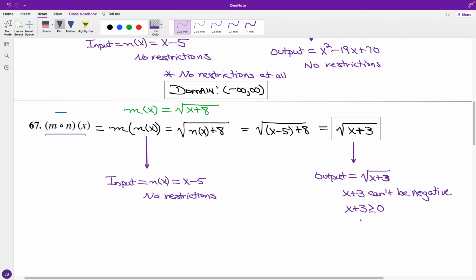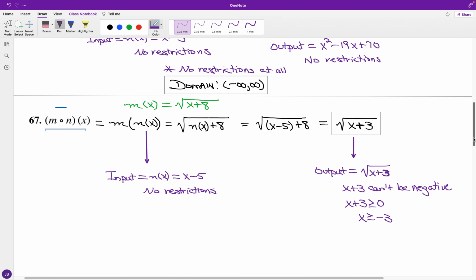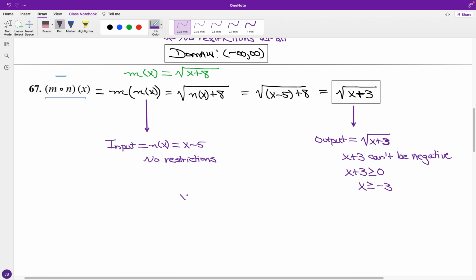So we have x plus 3 is greater than or equal to 0. And so we have that x is going to be greater than or equal to negative 3. And so we have for the only restriction, that's going to be with x is greater than or equal to negative 3.